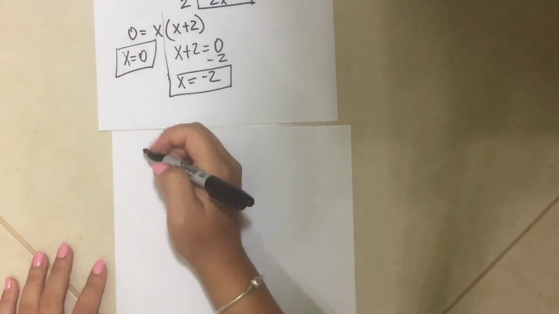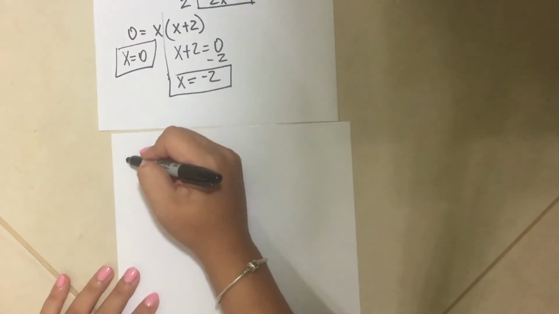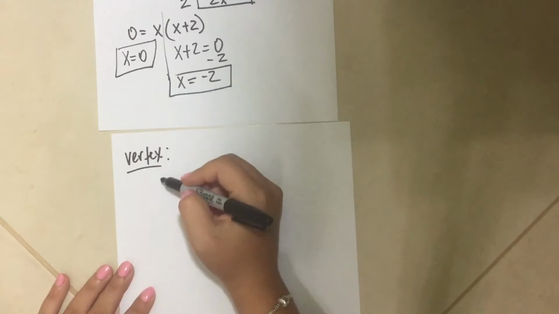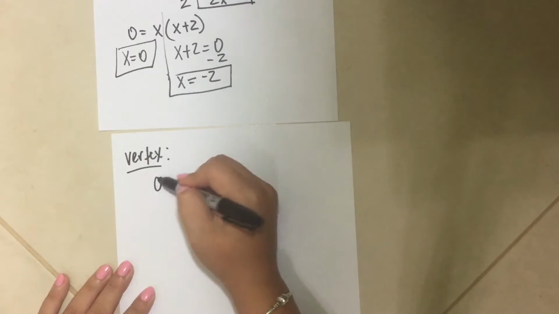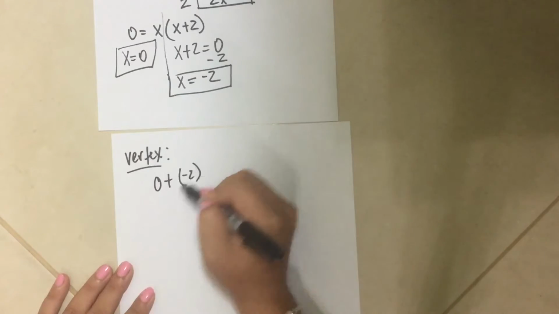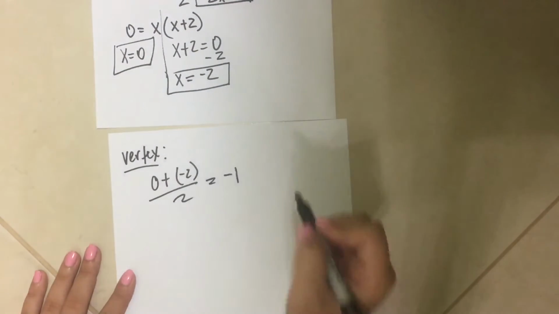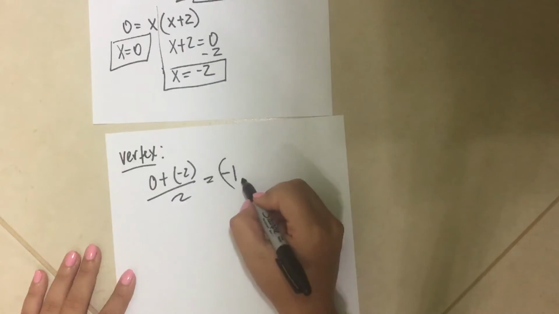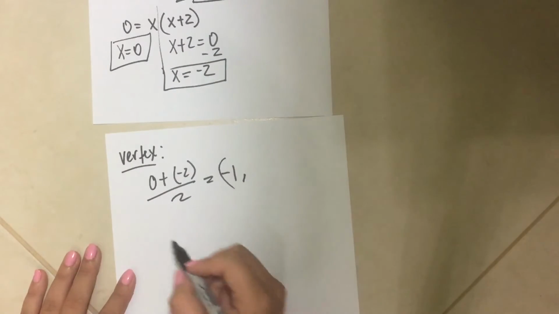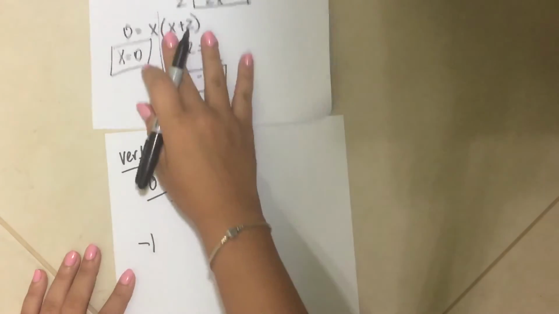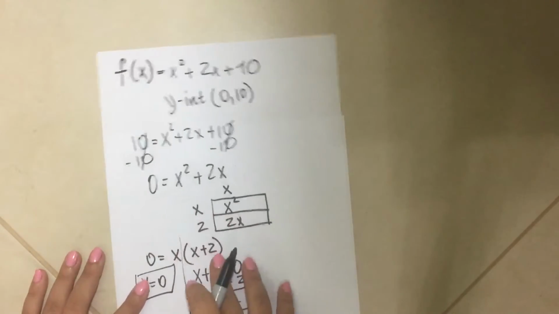Once we know those, the way we find our vertex is 0 plus our negative 2, divided by 2, which gives us negative 1. That's our x. Now we plug our negative 1 into our original equation, which was x squared plus 2x plus 10.